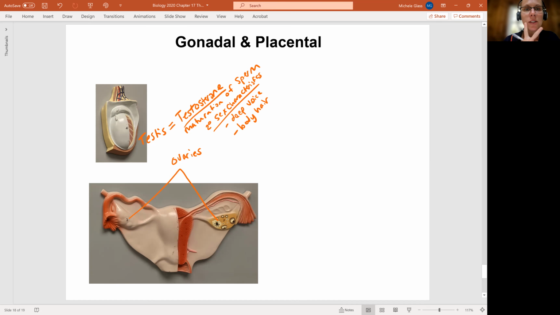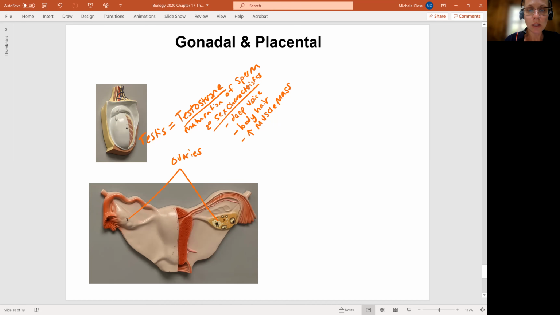So body hair gets distributed on the face, chest, back, is usually more prominent on arms and legs under the influence of testosterone. We see an increase in muscle mass with testosterone. And so these are the things that we would consider under the control of testosterone.